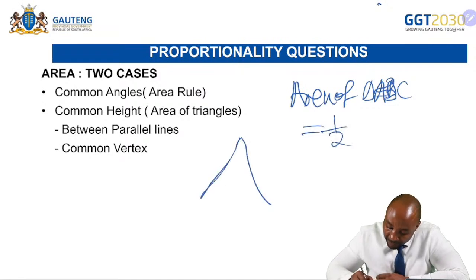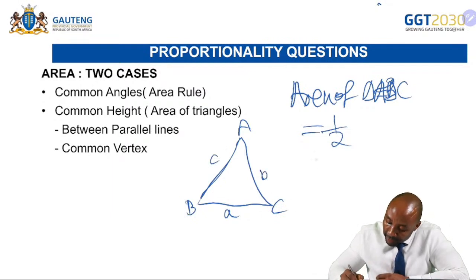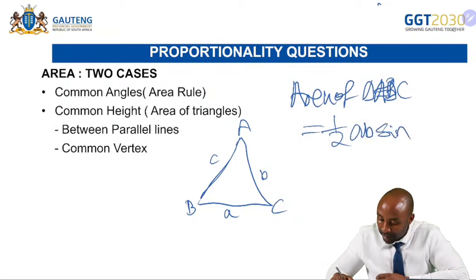If I have my triangle like that, if that one is A, that one is B, that one is C, small letter c, that side, small letter b, that side, it will be given by half AB sine C.